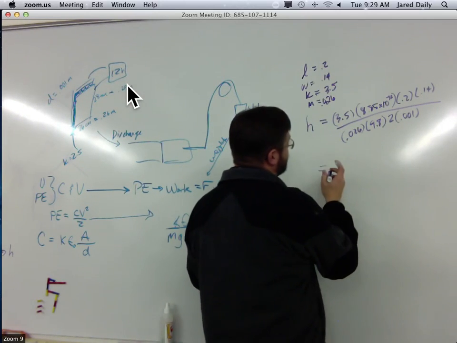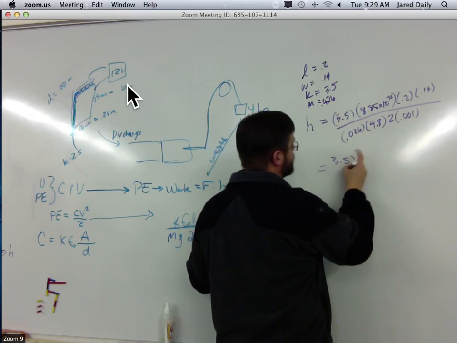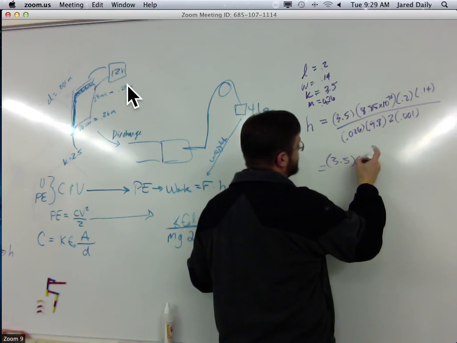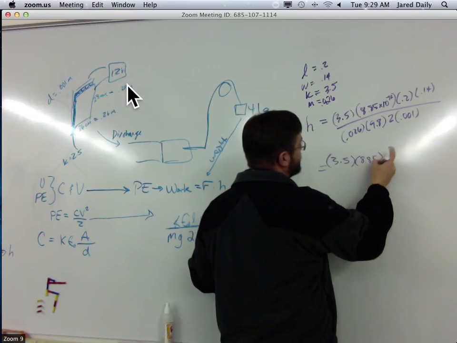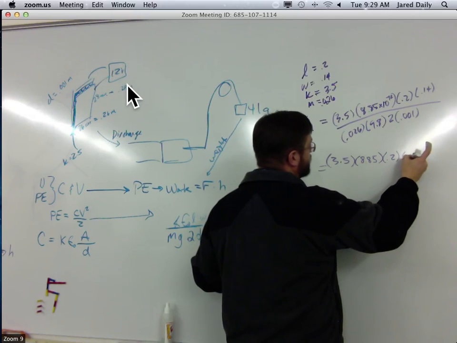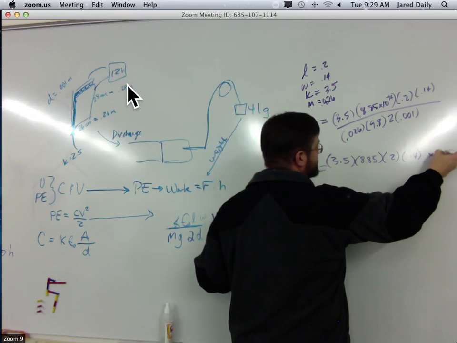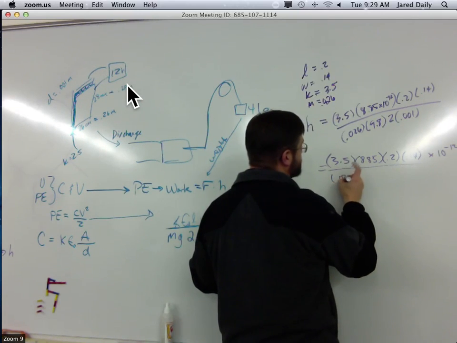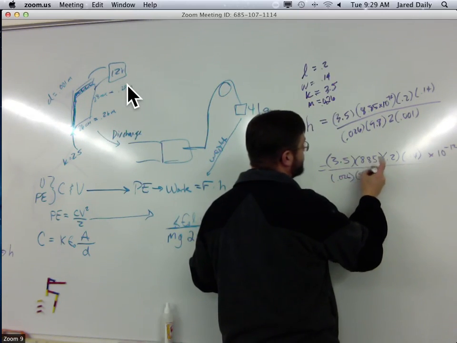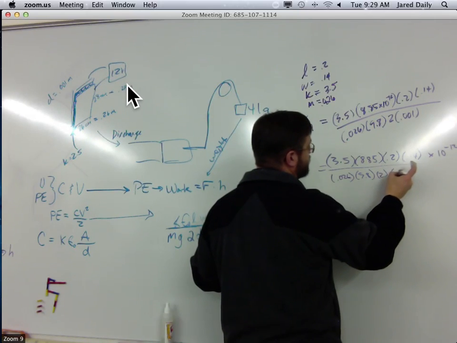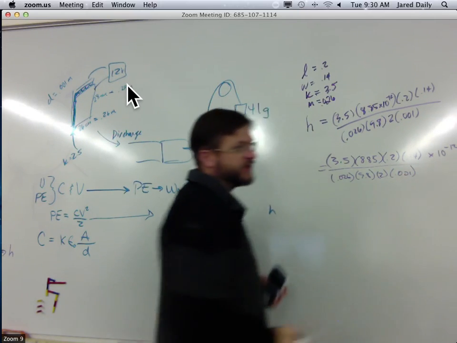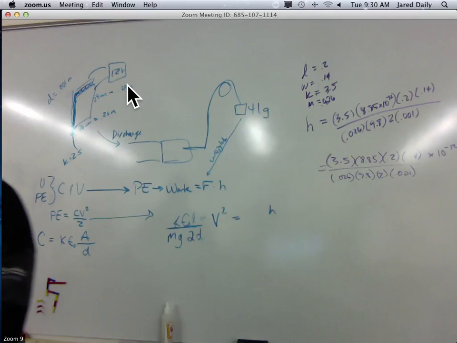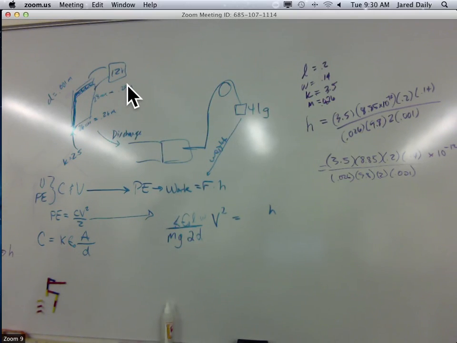So I'll do the arithmetic: 3.5, 8.85, 0.2, and 0.14, with the times 10 to the minus 12 on the end for later. Then 0.026, 9.8, 2, and 0.001. All I've done is rearrange the multiplication so that times 10 to the minus 12 is at the end.